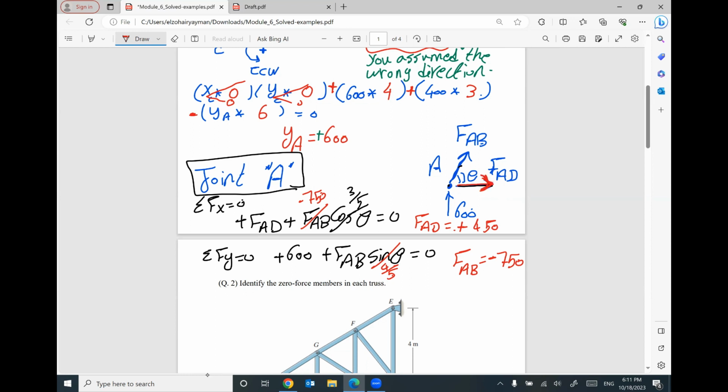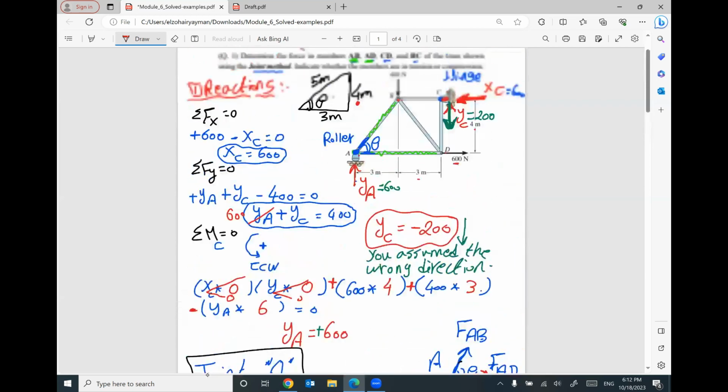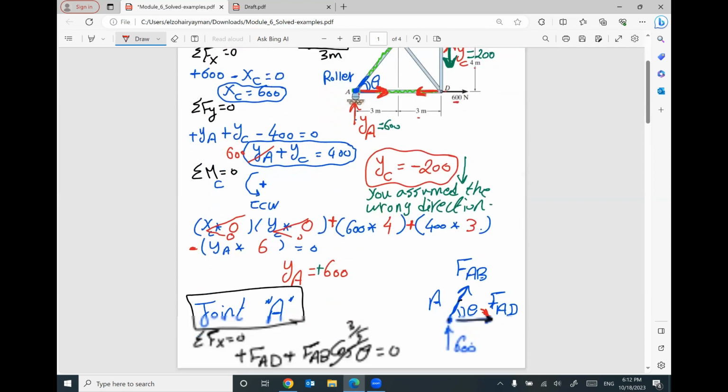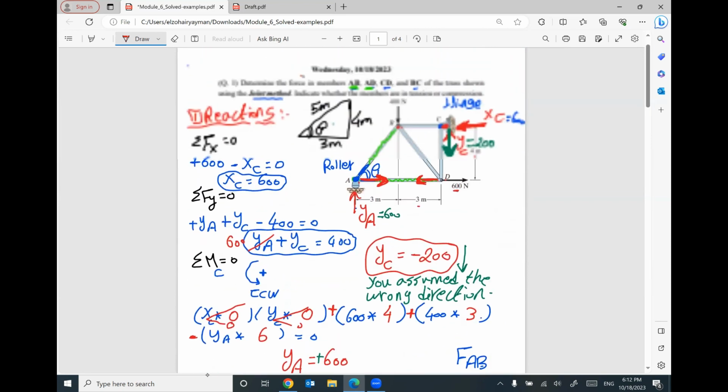This direction related to joint A is tension. It's correct. So FAD is tension, and it will be tension from the other side too. How much for FAD? It's 450.